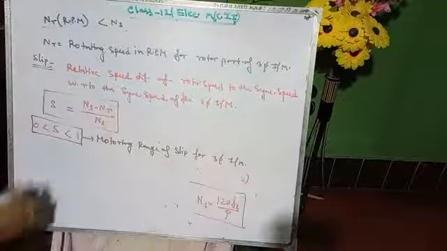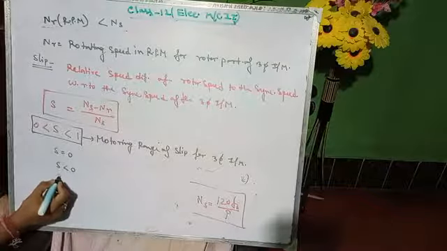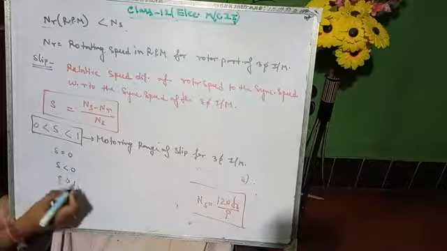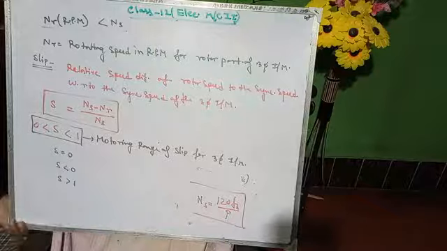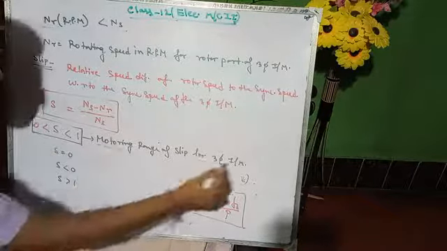So when s equals 0, what happens? When s is less than 0, what happens? When s is greater than 1, what happens? There are three different cases. From 0 to 1, it is called the motoring range for a three-phase induction motor.